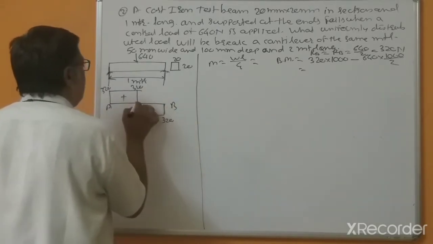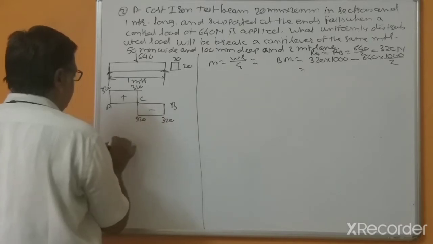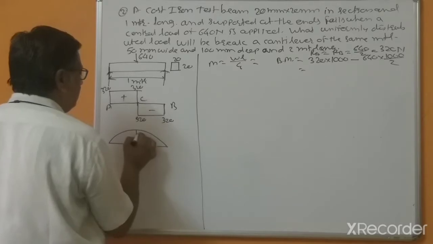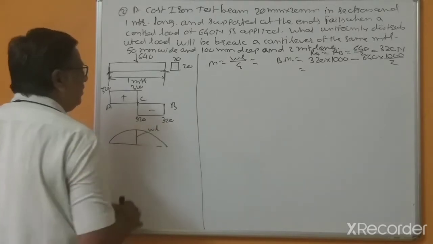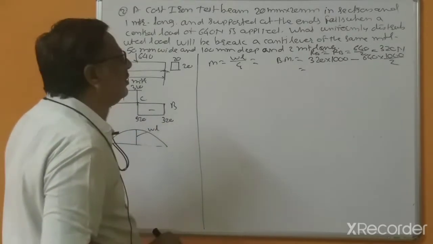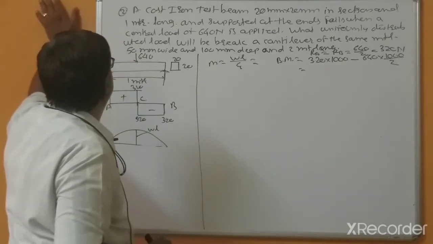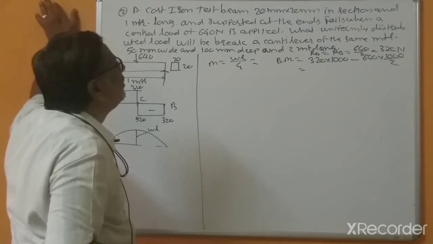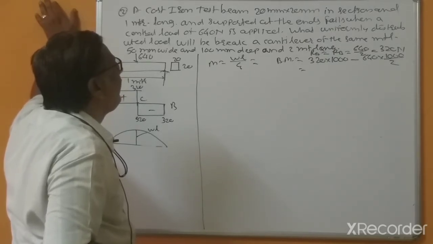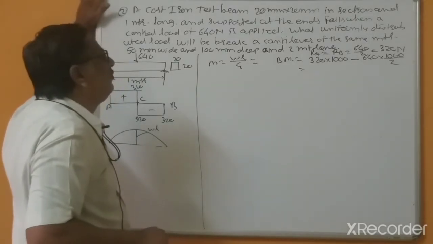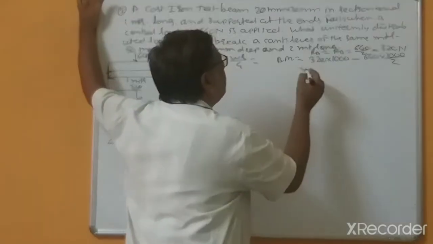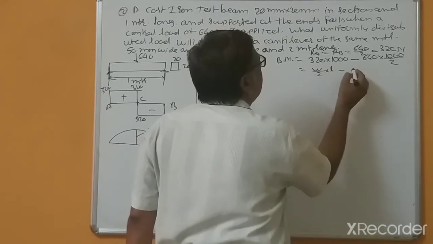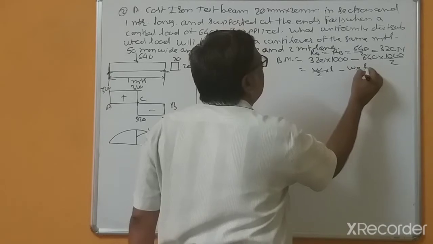And this is point C. At point C you will get maximum bending moment, and this is equal to WL by 4. So here you can write W by 2 into L minus W into L by 2.